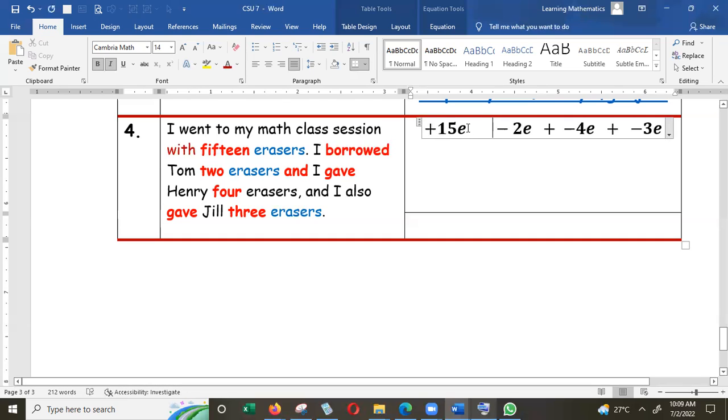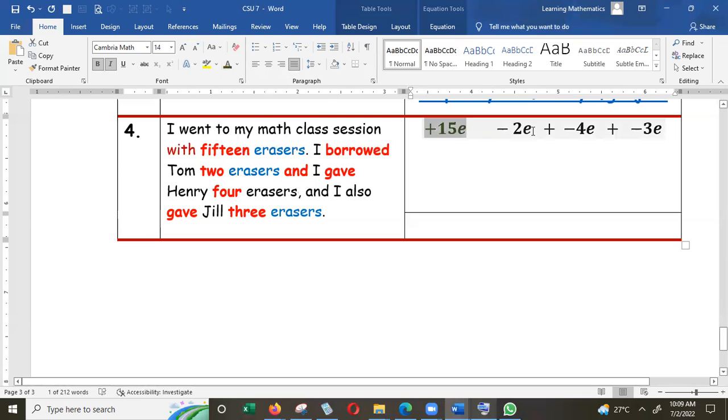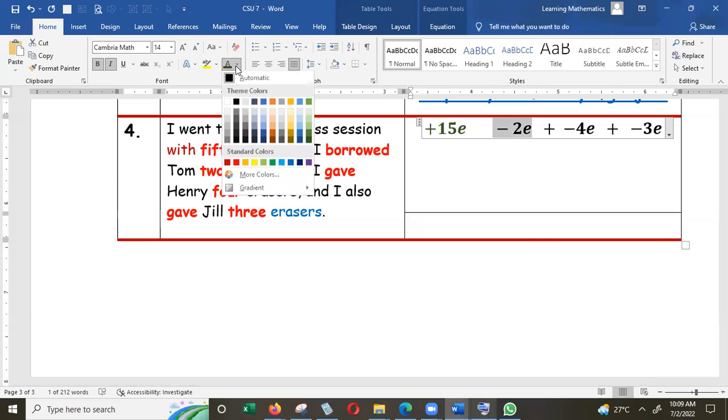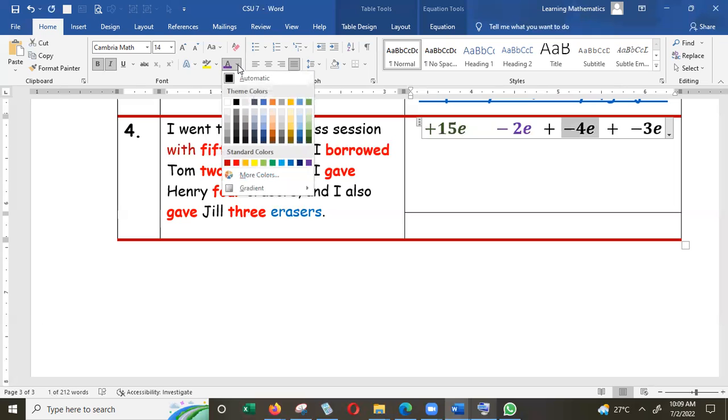If I have to highlight, I can give this a color code, and I will have to include the negative sign also, because it belongs to the 4.